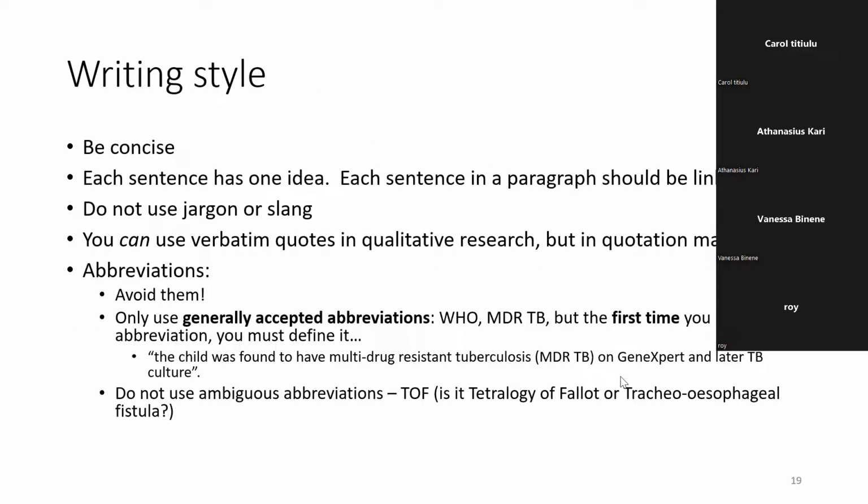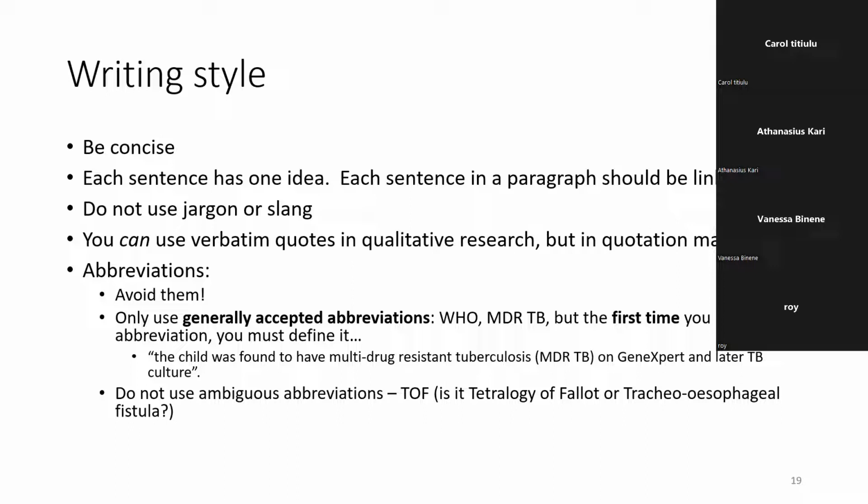Now, I just wanted to comment on the writing style. I see a lot of theses, or read a lot of theses that are very, very large, like 10,000 words, and mostly people can write them a bit more concisely. You don't need to write a very large thesis. So write as concisely as you can.